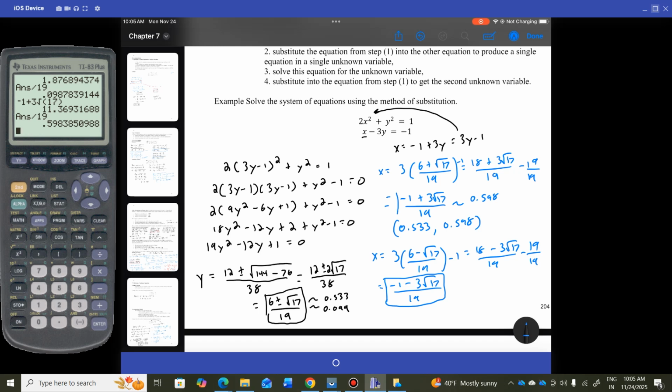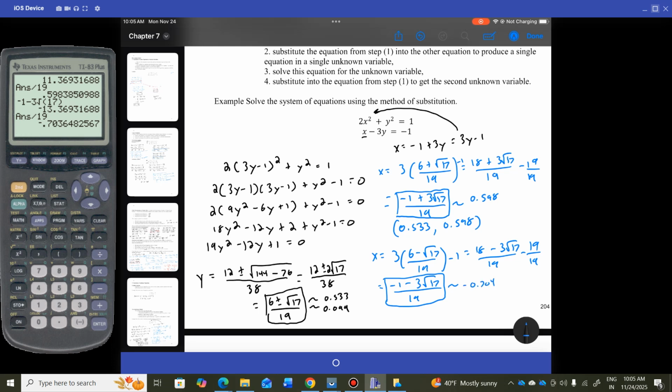So these are exact values for the x values. So negative 1 minus 3 square root 17 divided by 19. And we get negative 0.704.